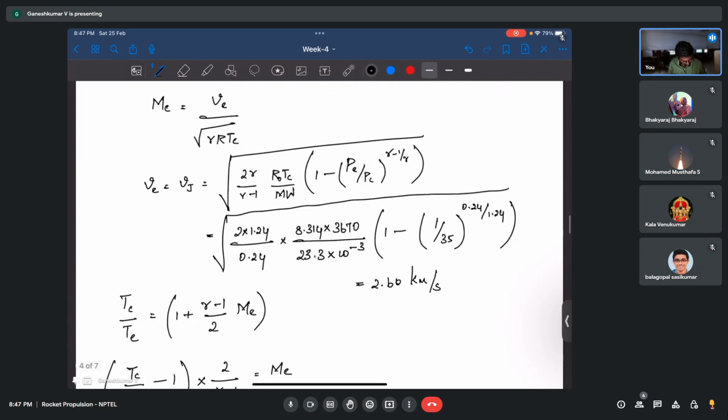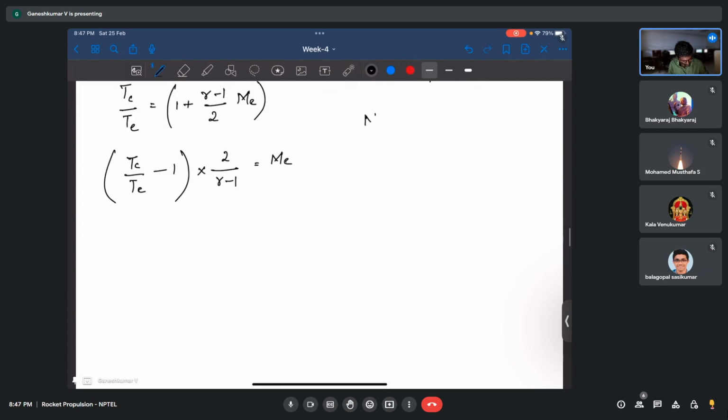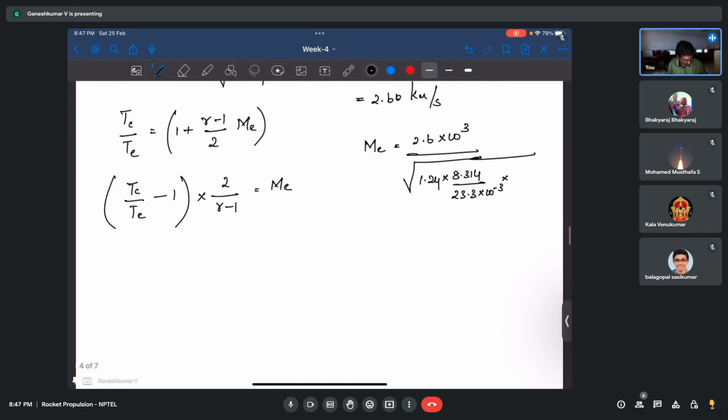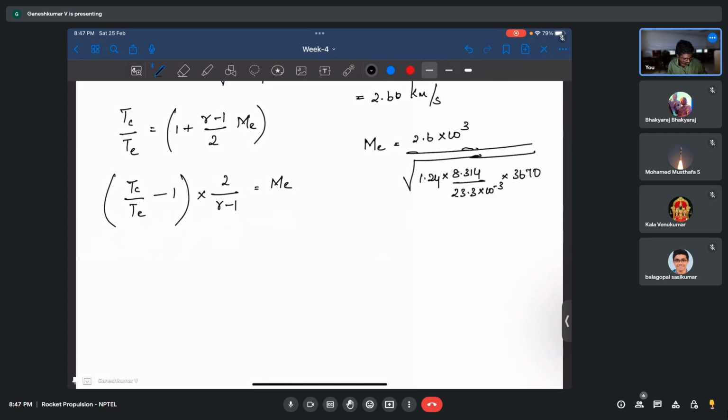All right. So let's find the Mach number. Mach number is velocity divided by the square root of gamma R T, where T is, sorry, this is not 3670.